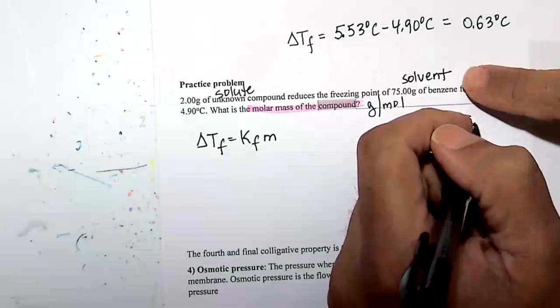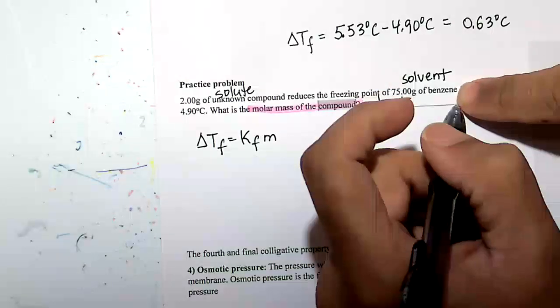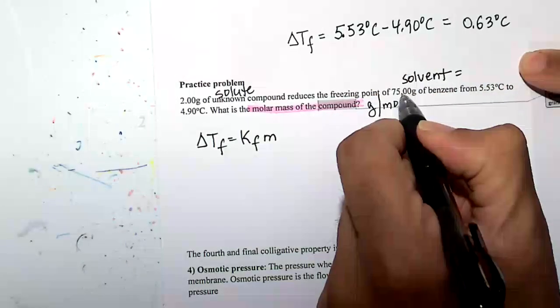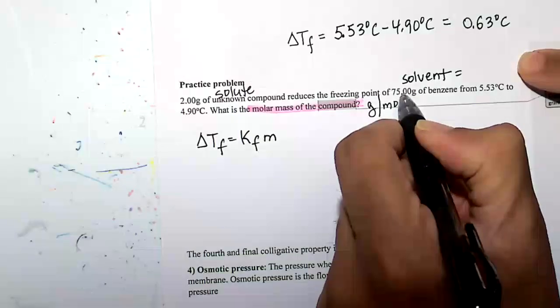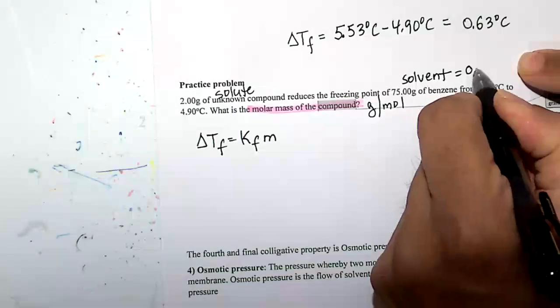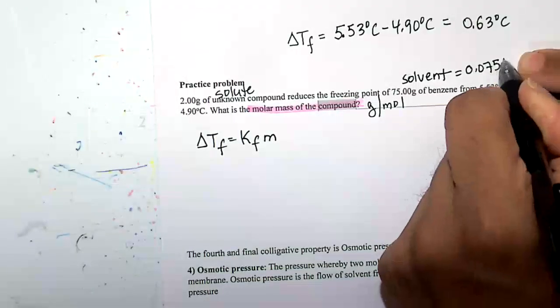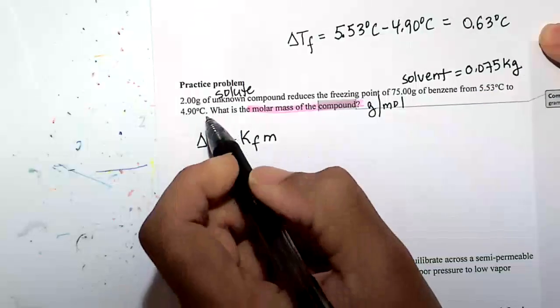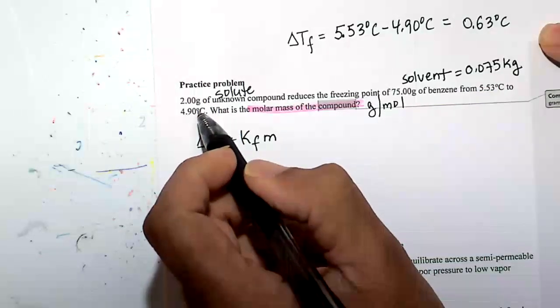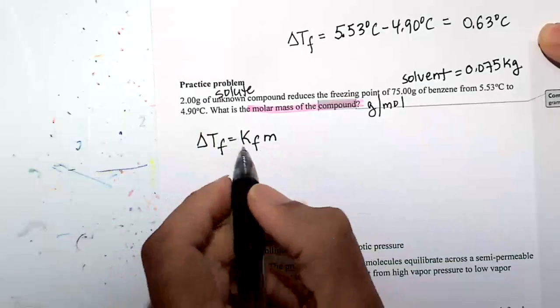You mentioned our solvent is benzene, which is correct. So what is that in kilograms? We move the decimal 3 to the left. Our moles of solute we don't know, because it's unknown.